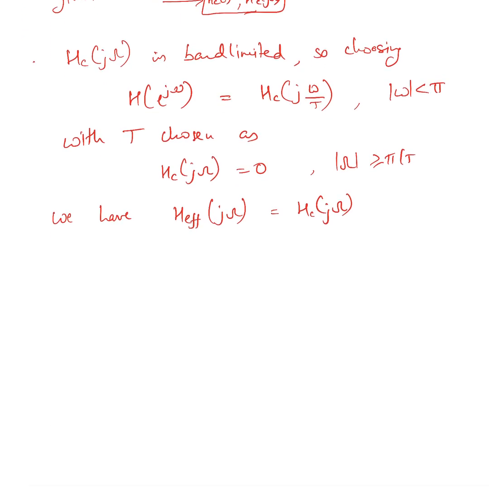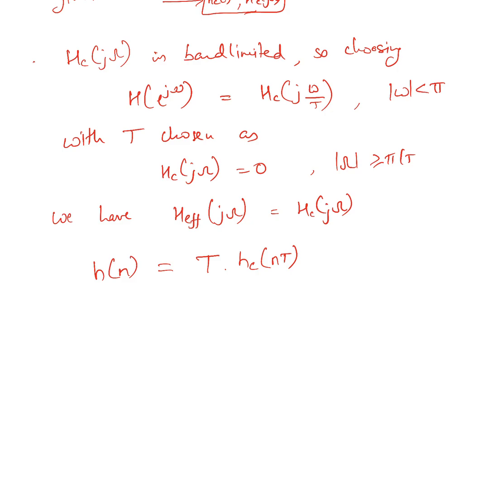Now to hold this equivalence between the frequency responses, we should have that h of n, the impulse response of the discrete time system, equal to T times the impulse response hc at nT.